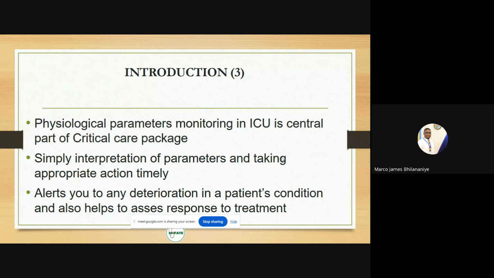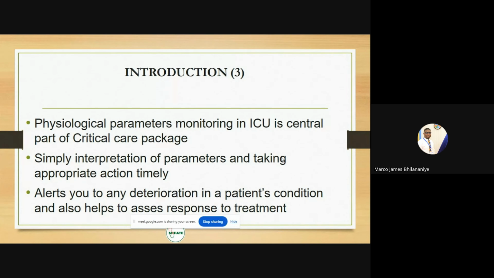So wherever you see any derangement in those physiological parameters, you have to interpret, find out the meaning of it, and take action timely. And the action is not just direct intervention by yourself; even consulting your seniors or your other colleagues is a sort of intervention.